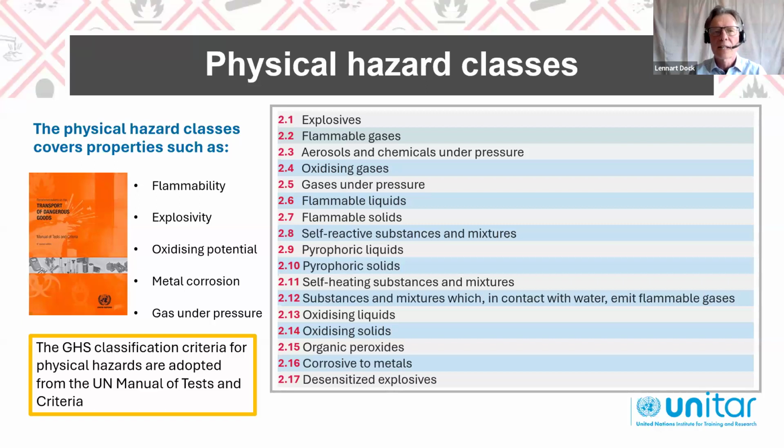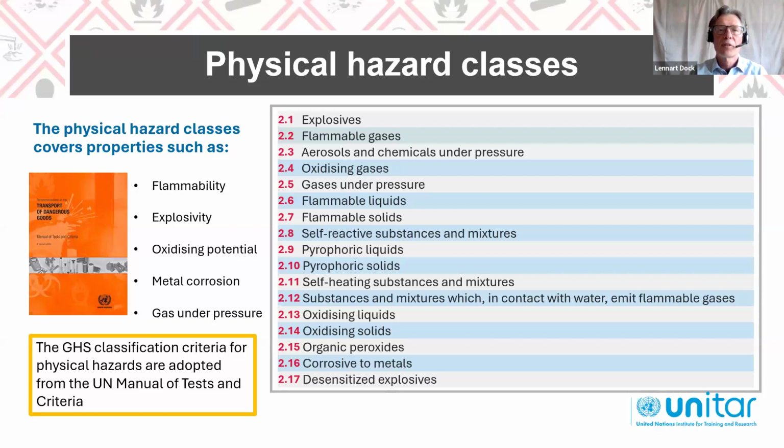That's of course because that was already existing when the GHS was developed. So the part of the GHS that deals with physical hazards is exactly the same as the transport of dangerous goods. So it basically covers properties like flammability, explosivity, oxidizing potential, metal corrosion, and also pressurized gases.